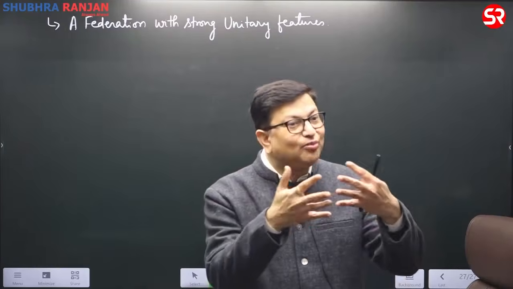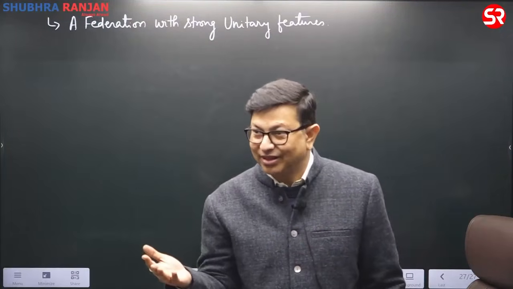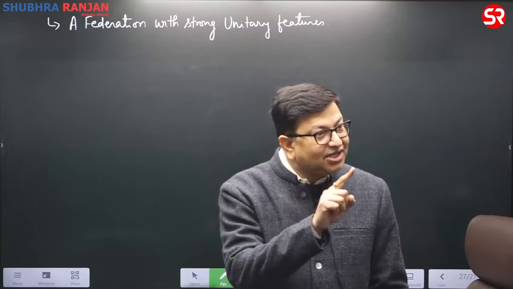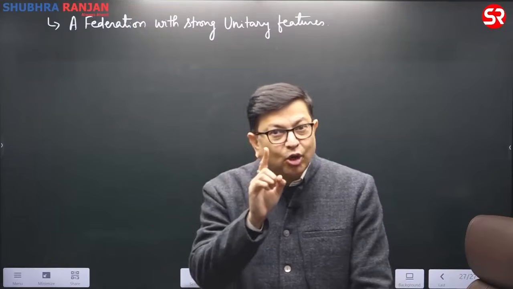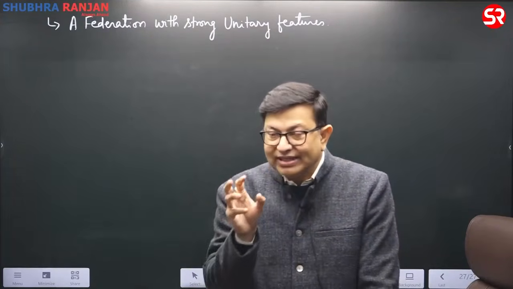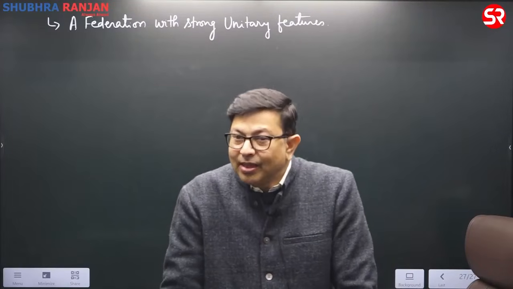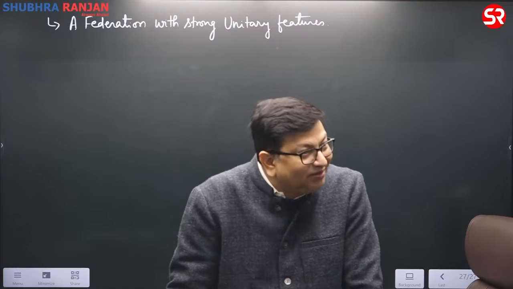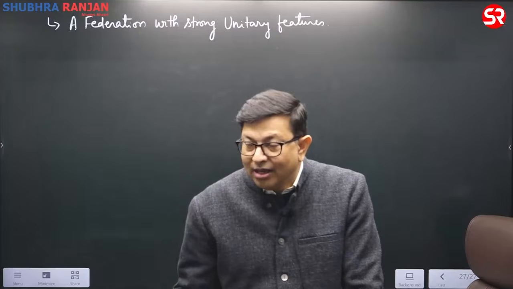And it is a combination of both the parliamentary system as well as the presidential system. But as it is more closer to the presidential system, it is termed as quasi-presidential and not quasi-parliamentary. It has features of both. For example, if you talk about the French system, in France, the French president is directly elected by the people. He is directly elected by the people in France.